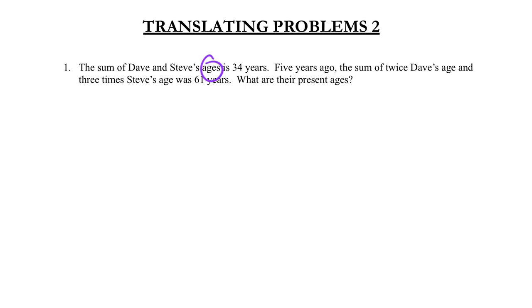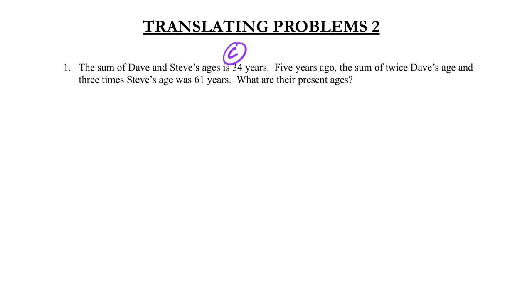When you give that problem a read, you'll notice we're talking about ages. And specifically, we're talking about ages that occur at different time periods. So in the first sentence, the sum of Dave and Steve's ages is 34 years. That's like a current time, and I'm just going to put a little C there.